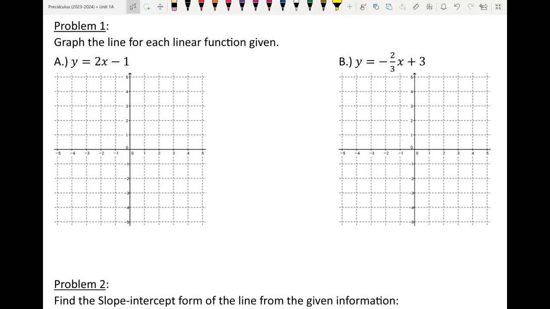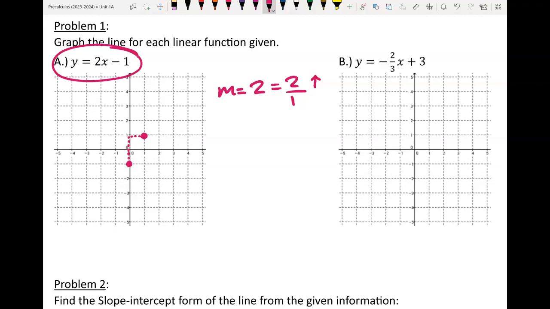All right, let's go ahead and graph these. Gabriel, help me out with the first one. Where would I start? -1? And then where would I go? So yes, remember our slope is 2, which is 2 over 1. Remember we always think about this as 2 over 1. So if I go from these 2 points, I have a rise of 2, a run of 1.